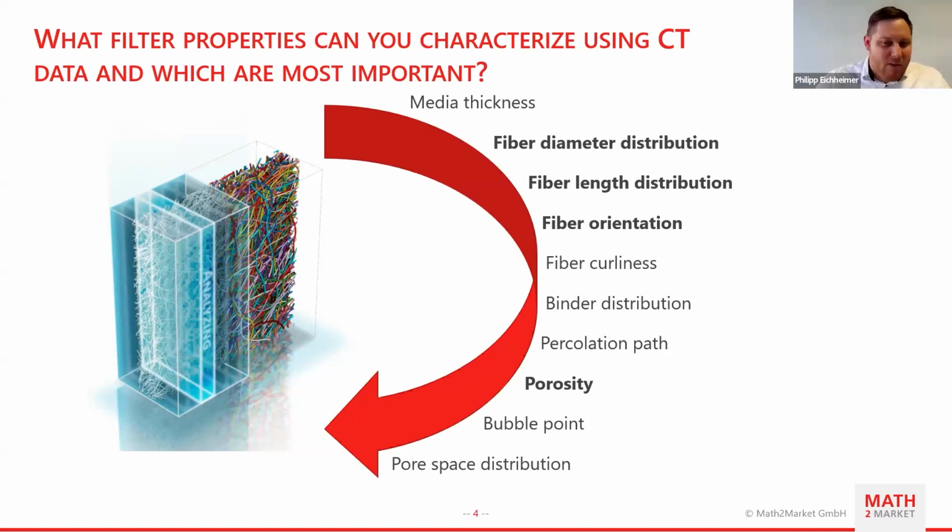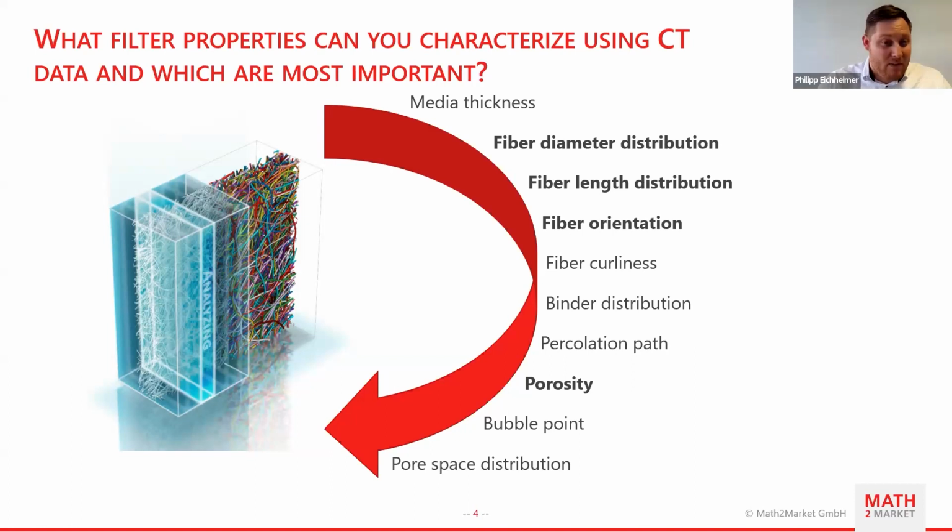On this slide, I focused on the geometrical parameters, but the list can also be extended for physical parameters, which also characterize filter media to some extent, for example, airflow or pressure drop. Some of the geometrical properties we show here can also be easily determined experimentally, for example, the media thickness, which can be measured optically, or the porosity, which can be measured easily in the laboratory. However, some of these, for example the fiber diameter distribution or fiber length distribution, which are highlighted here, are very tough to get experimentally or even impossible.